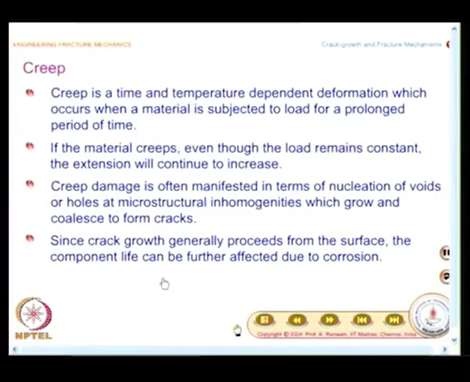So, when you have crack that has grown from the surface, corrosive environment will precipitate it further. So, that is what is mentioned here, the crack proceeds from the surface and the component life is further affected due to corrosion.